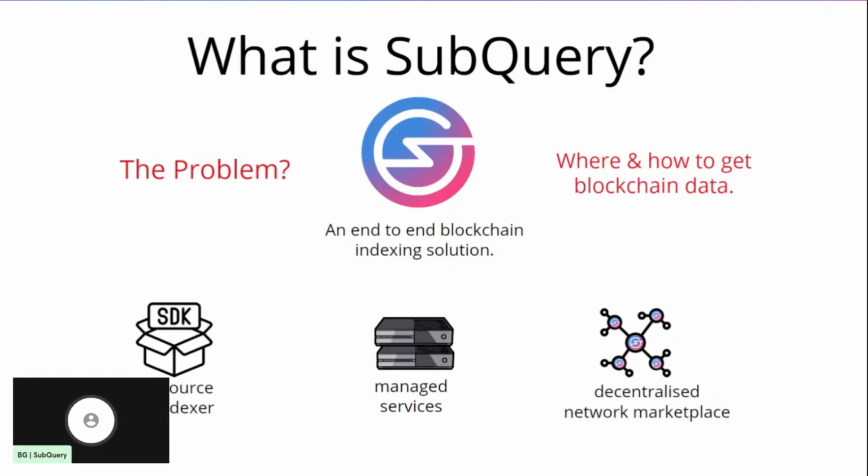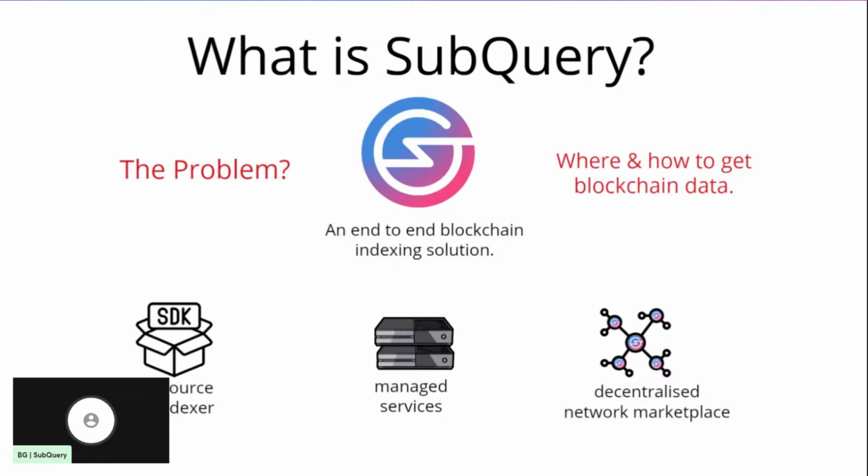The indexer is one of the components of SubQuery. When you have experimented with SubQuery locally with our tool, and SubQuery is completely Docker friendly, so you can launch any SubQuery project locally, you probably want to deploy it somewhere so that you can plug in your applications to it.